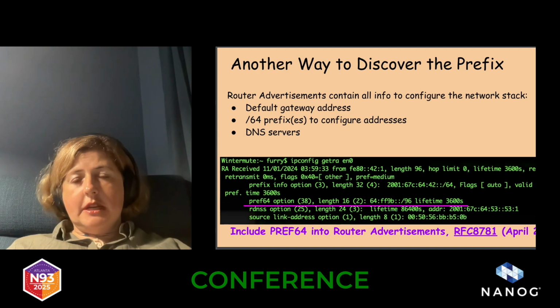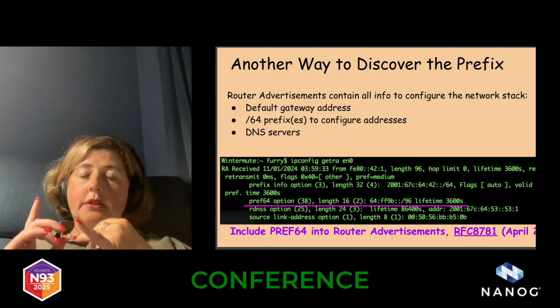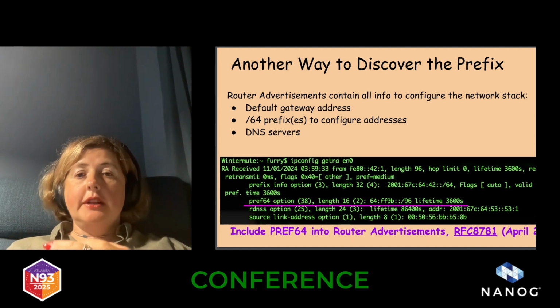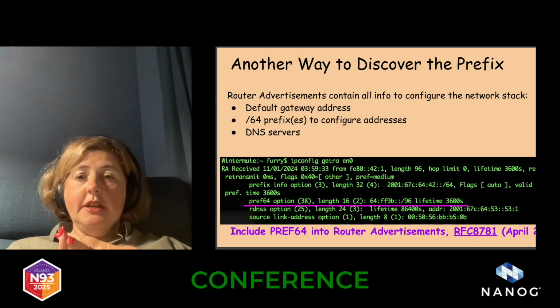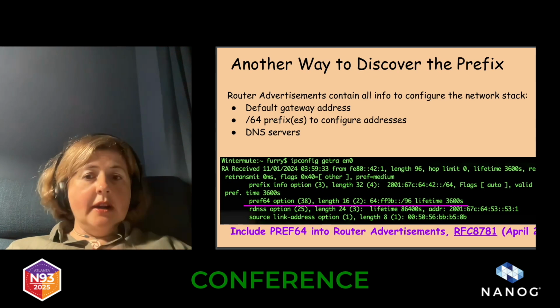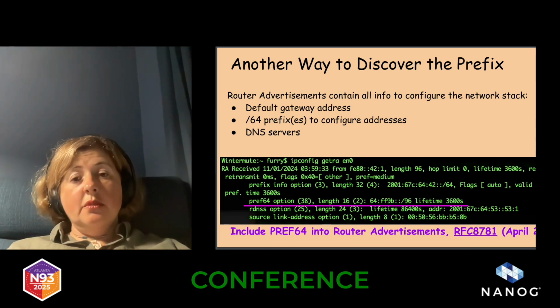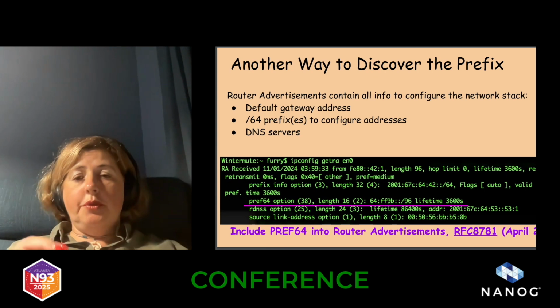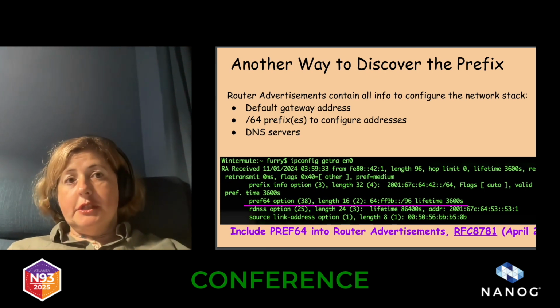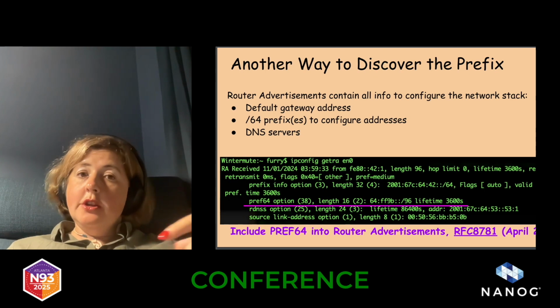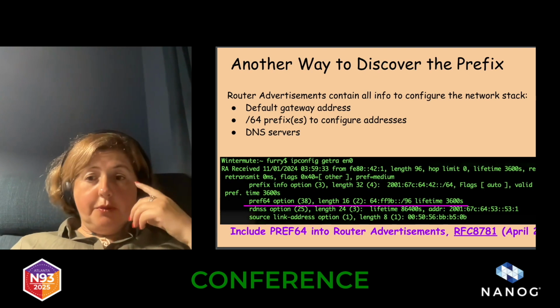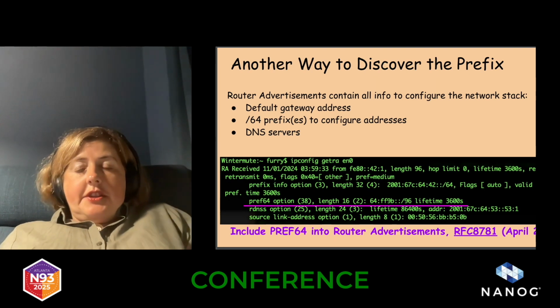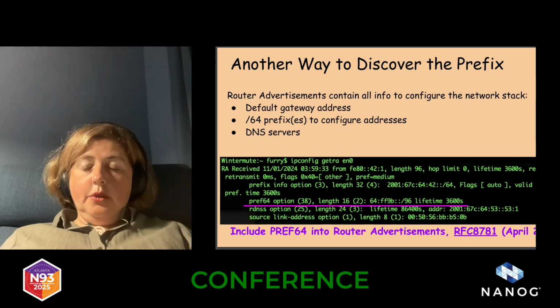Router advertisements are sent by routers and contain all that information: the default gateway address, /64 prefixes to configure addresses from, DNS servers, MTU, MAC address of the router, and so on. So why could we not just add one more thing there and provide the NAT64 prefix in router advertisements? So the host gets everything in a single packet. Yeah, so that's why we published RFC 8781 almost 5 years ago.